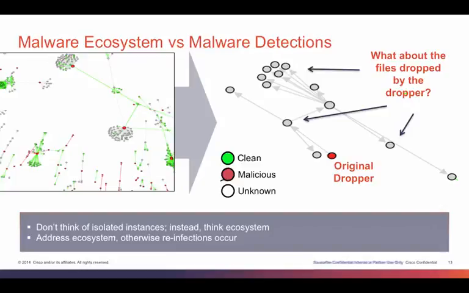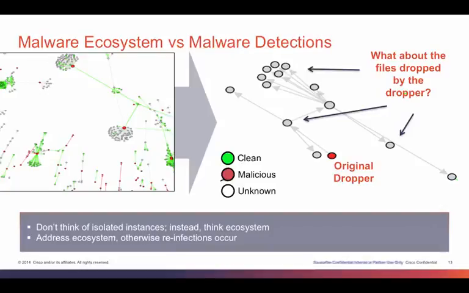But at some point along the chain, these unknown files may pull down the actual malware payload, or may start acting badly. We need to be able to understand the entire lineage of these files so that we can get back to that original dropper, essentially patient zero, and be able to remediate that.